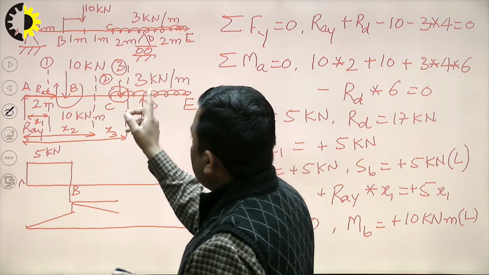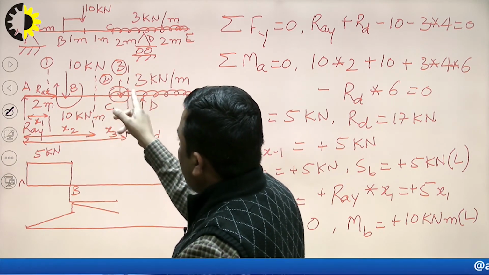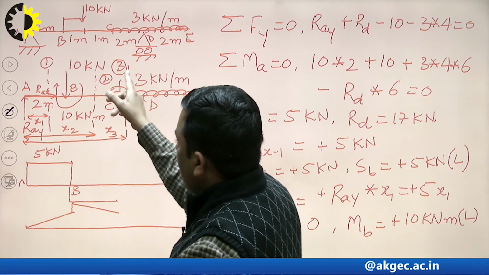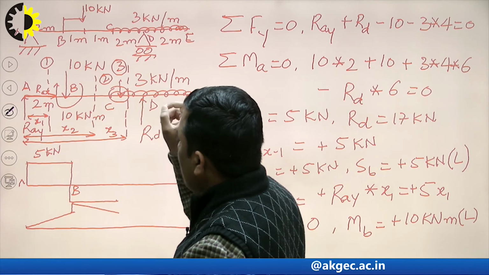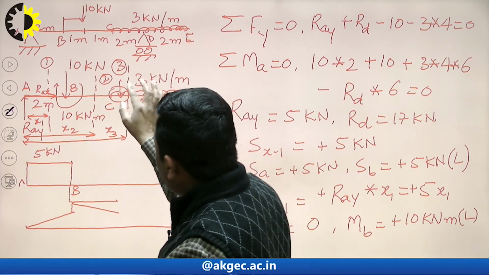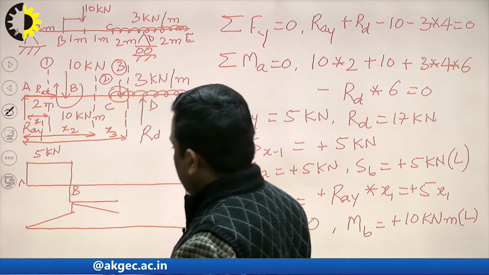Again I am repeating, I am considering only the (x3 minus 4) distance span of UDL, and this load which is under consideration, when I am converting it into a single point load, it will be effective on the midpoint, and this midpoint will be (x3 minus 4) by 2 distance from the section plane.